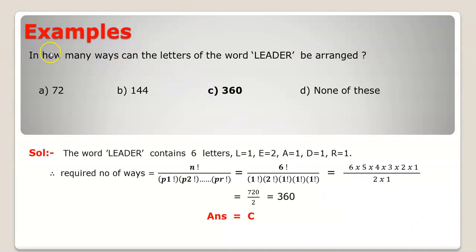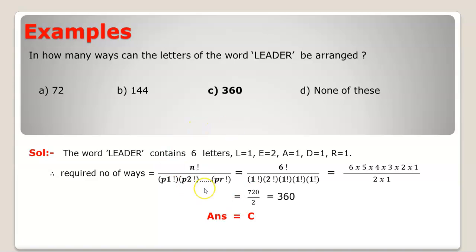Next, in how many ways can the letters of the word LEADER be arranged? There are 4 options given here. Let us see the solution. The word LEADER contains 6 letters.